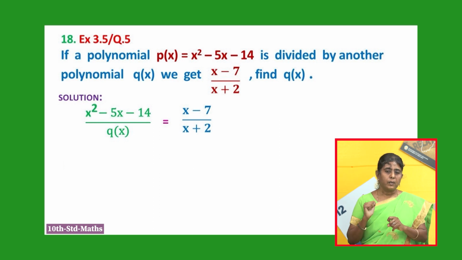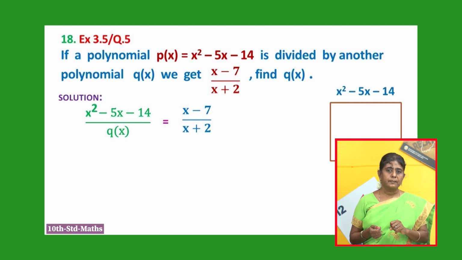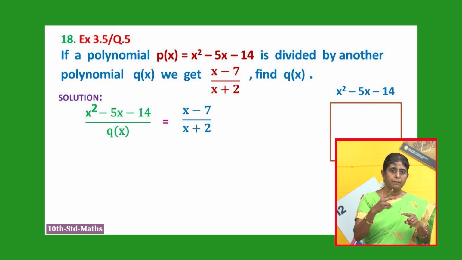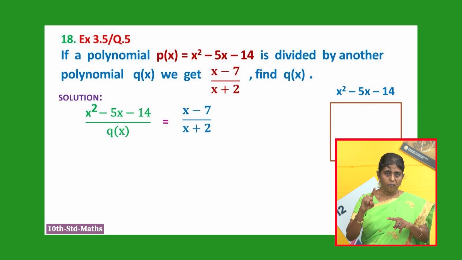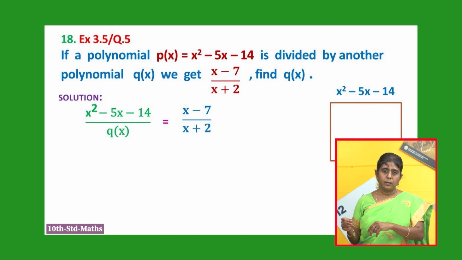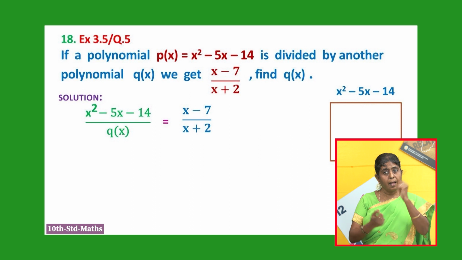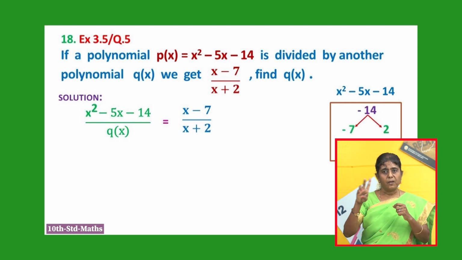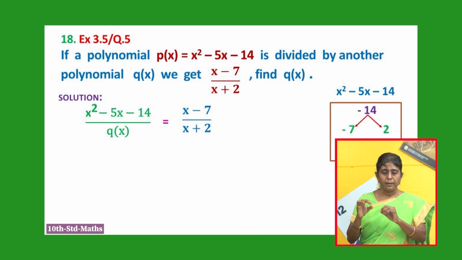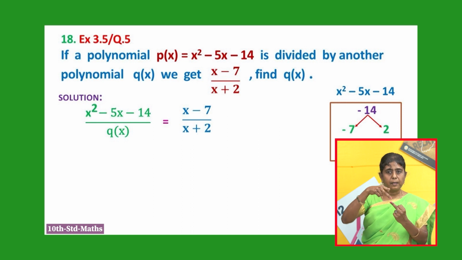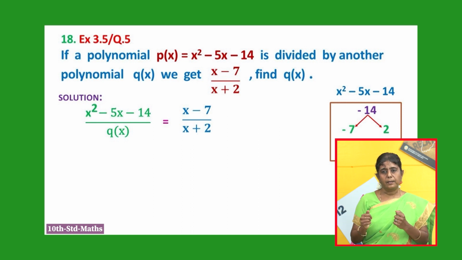Now what can be done? Which one do you see to be factorized? x squared minus 5x minus 14 is to be factorized. You know well how to do the factorization. Immediately you will see the last number, am I right? So minus 14 is to be taken. What's the number in the middle? That's the coefficient of x, minus 5. So we have to find the two numbers. What are the two numbers we may take? That is minus 7 and 2.